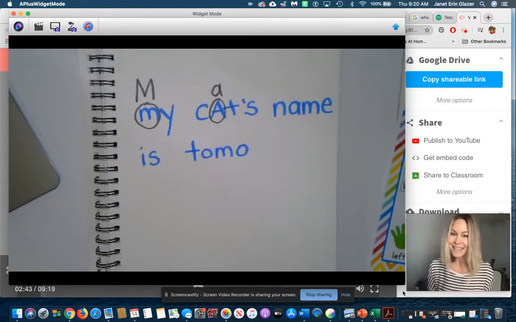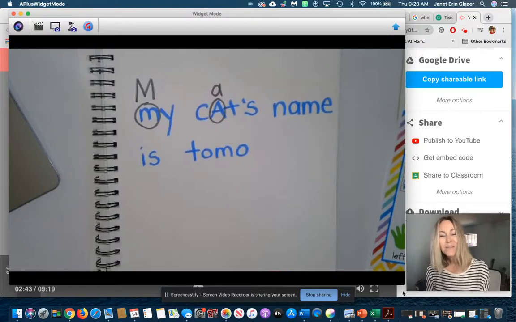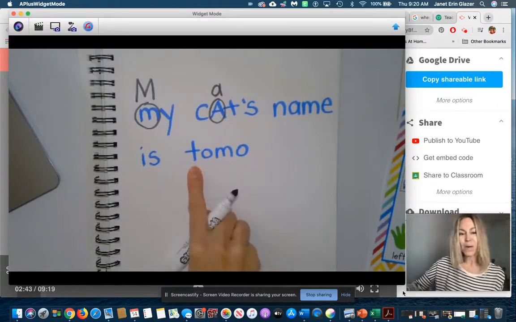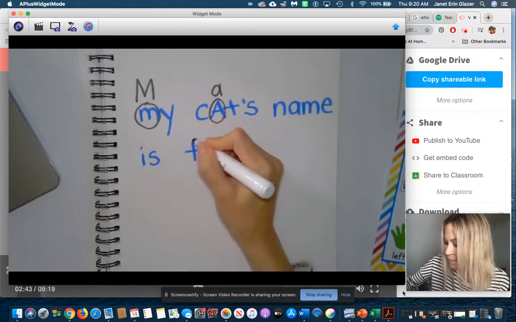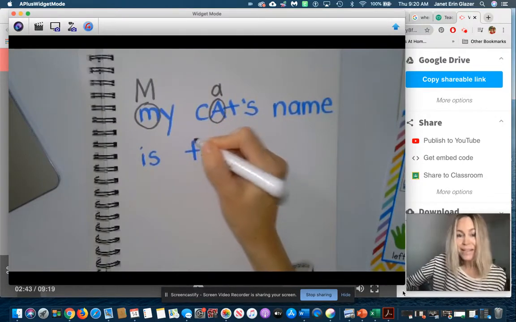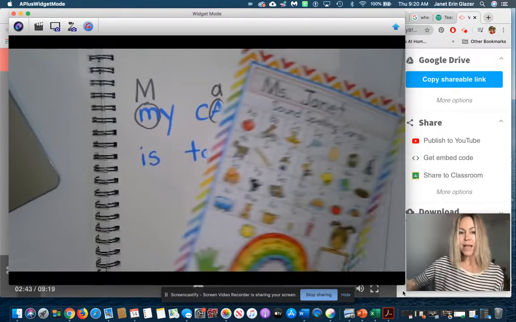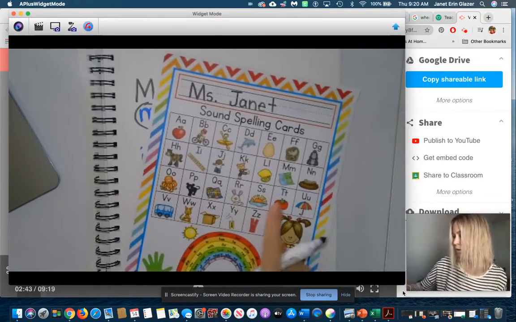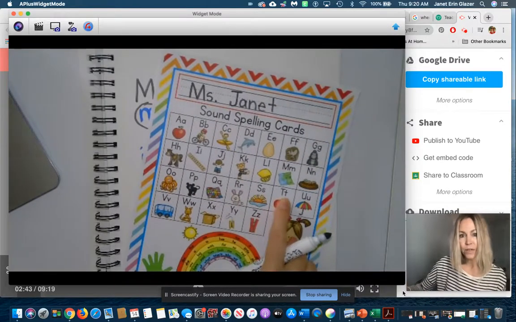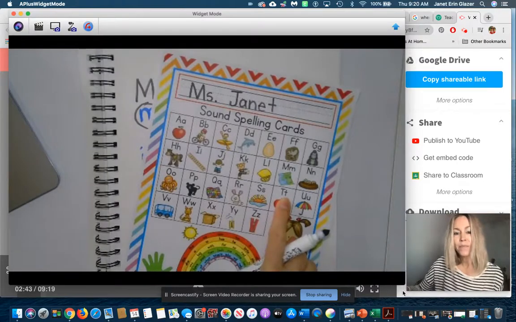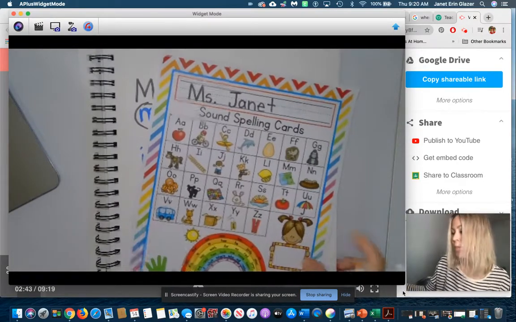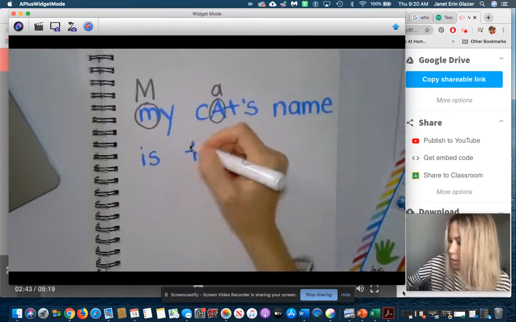Is there a name in this sentence? Of course, it's all about my cat's name. And his name is Tomo. So Tomo should begin with a capital letter, right? So again, you can use your tool. The capital letter comes first and the lowercase letter comes next. We need the capital T for Tomo.